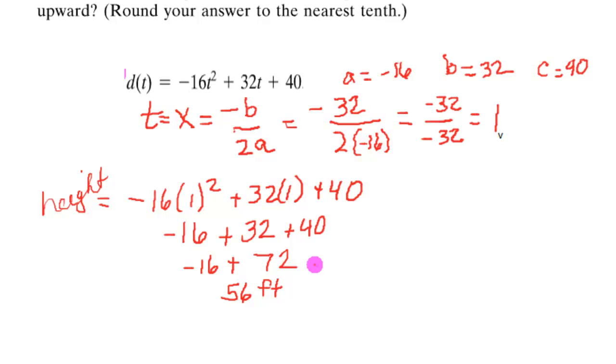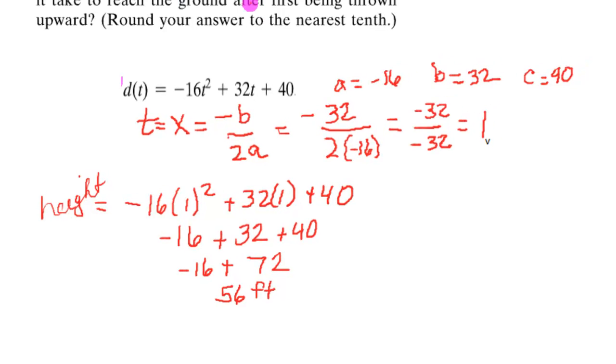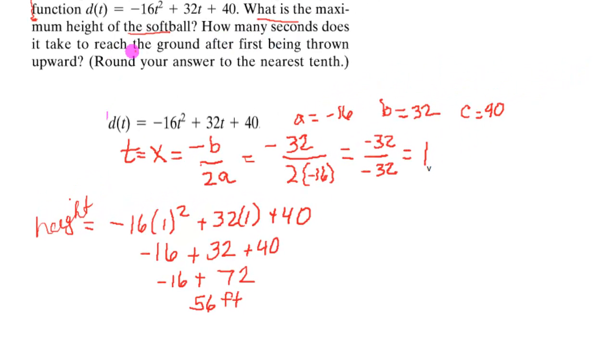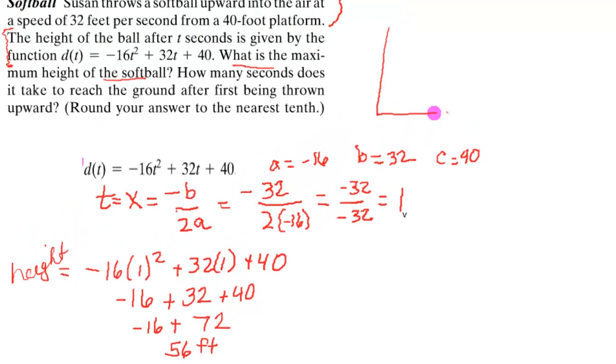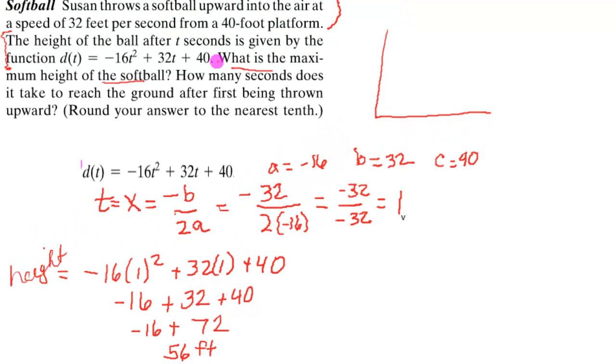Okay, so that's the first question. What is the maximum height of the softball? The second question is, how many seconds does it take to reach the ground after first being thrown upward? And you know what's happening is this, because we talked about this being a parabola, right? And now you've just found that at t equals 1, we've got our highest point, and it's at 56, right?